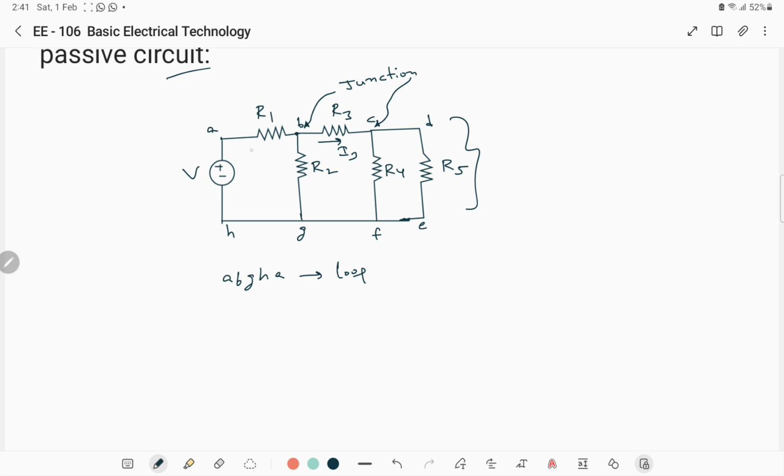You can also take a larger loop like this. You can define that loop as A B C F G H A. This is also a loop. Okay. Any closed path in a circuit or a network is a loop. Okay.